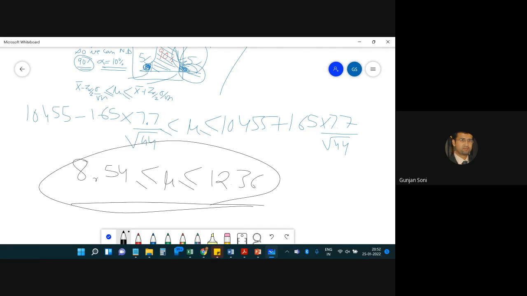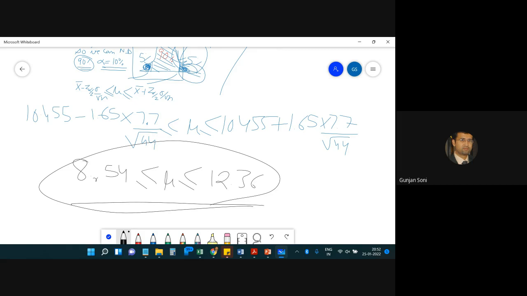When I'm saying this population is having a mean of 10.455, it basically means that it's not necessary that every company will have exactly the same value of 10.455 years.